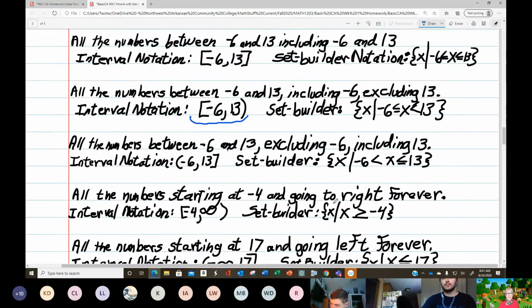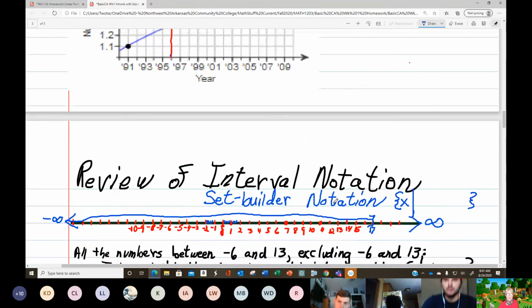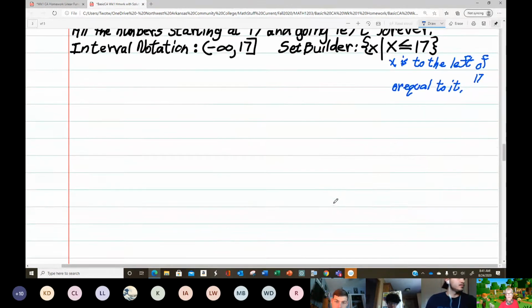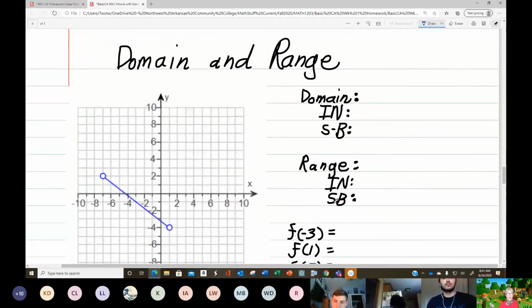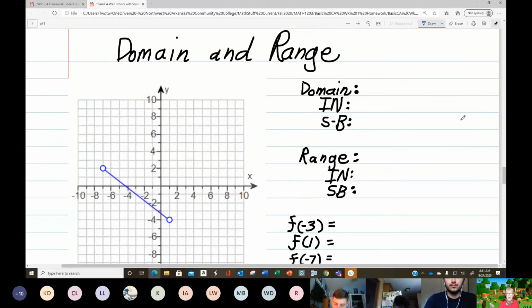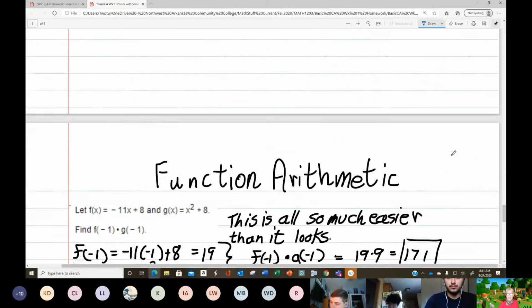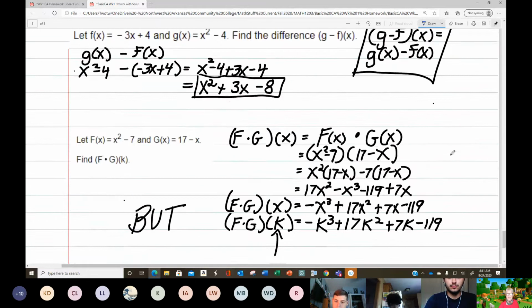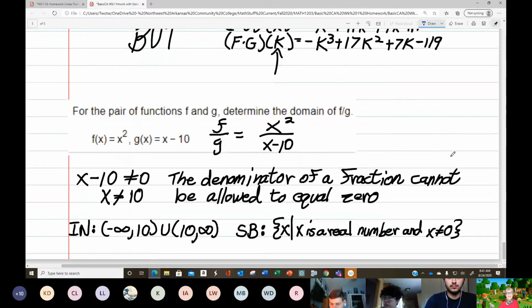So what we covered today was linear functions. And then we did a review of interval notation so that Wednesday we can start talking about domain and range, and function arithmetic, and then the ultimate function arithmetic, which is just one problem, maybe two or three, real fast.